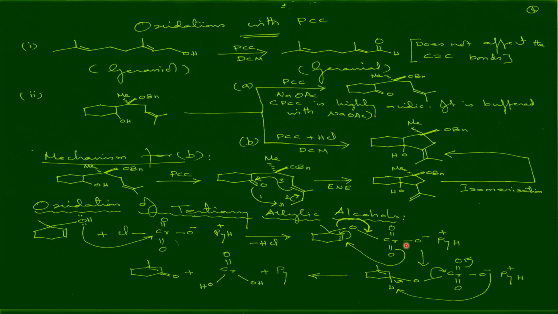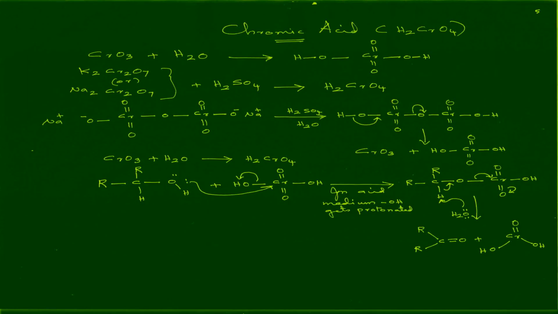And this product undergoes a sigmatropic rearrangement. This is the product obtained by rearrangement. So after this rearrangement, we have got an O minus here that abstracts the acidic hydrogen from here, that results in the formation of a carbonyl compound. We can see here the carbonyl group is not formed in the carbon which was originally containing the OH group.